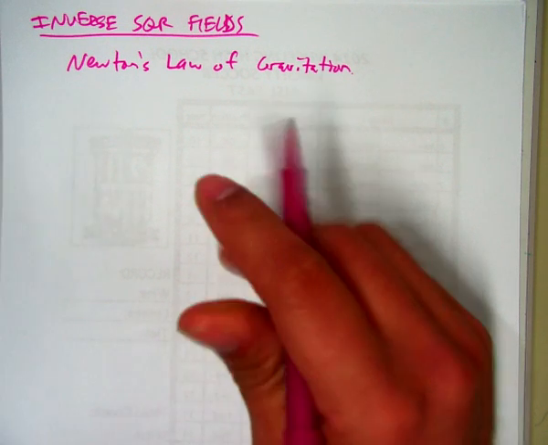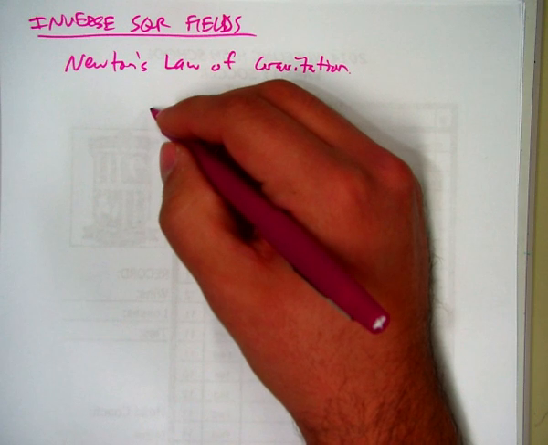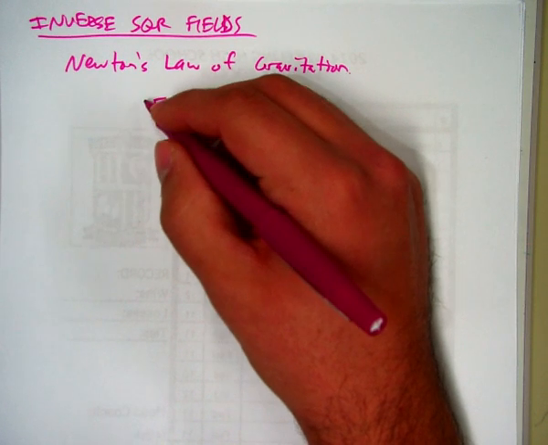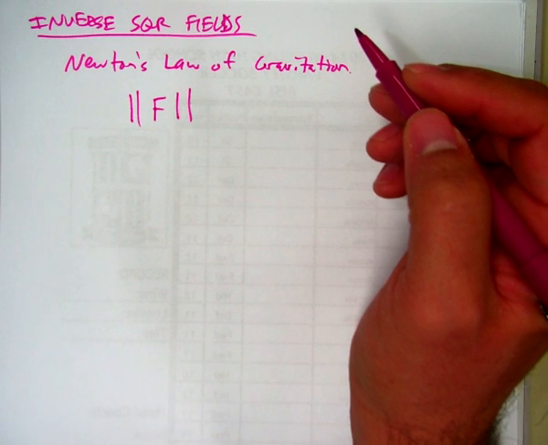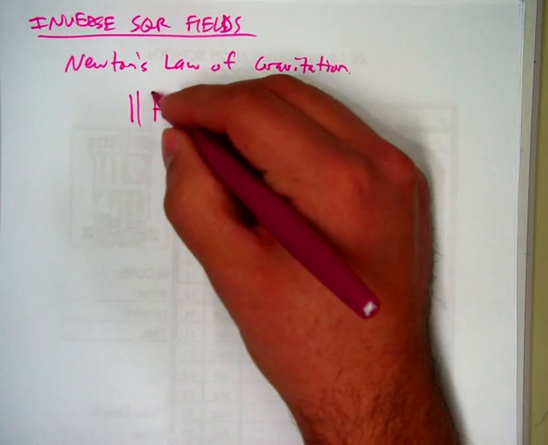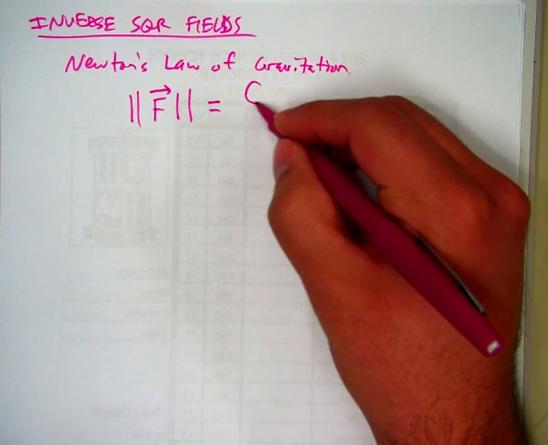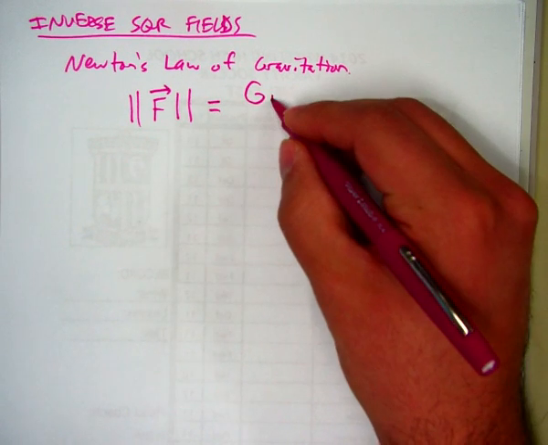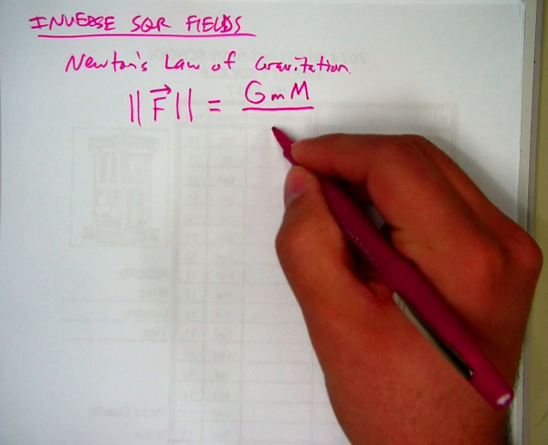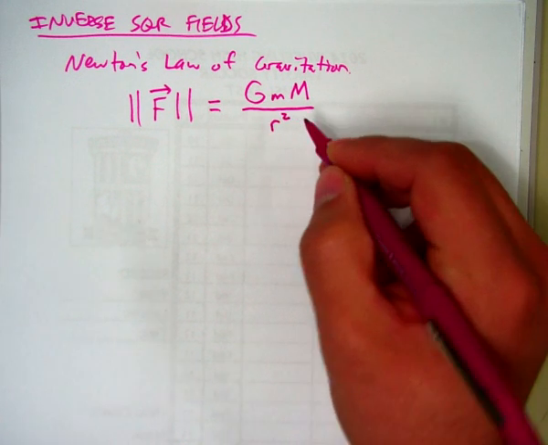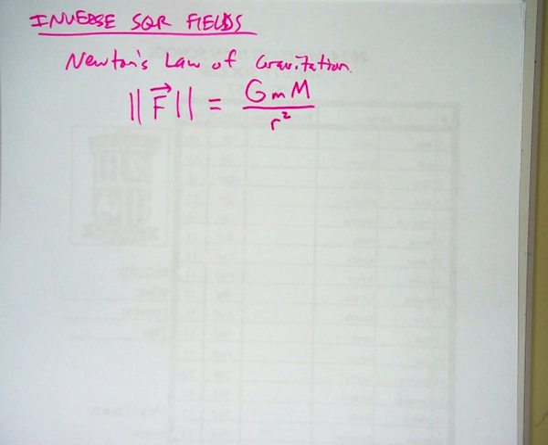It's G M1 M2. We're going to write it as the force equals the gravitational constant G, little m, big M, over r squared, where r is the distance. It should look familiar.